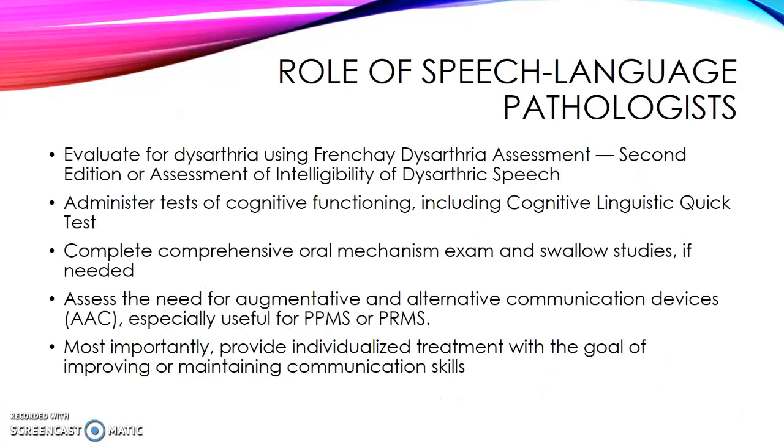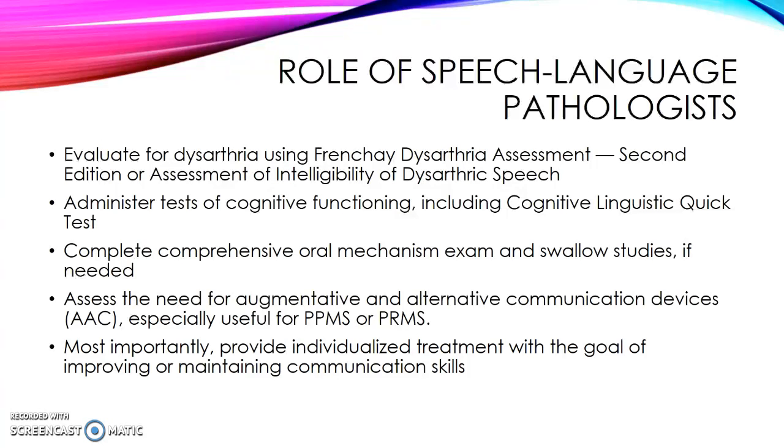The role of the speech-language pathologist for someone who has multiple sclerosis is initially to evaluate for dysarthria. You can use assessments such as the Frenchay Dysarthria Assessment, 2nd edition, or the Assessment of Intelligibility of Dysarthric Speech. This would again be to determine if there is ataxic, spastic, or spastic ataxic mixed dysarthria that's present, and to what degree.